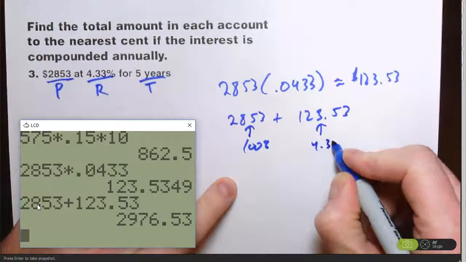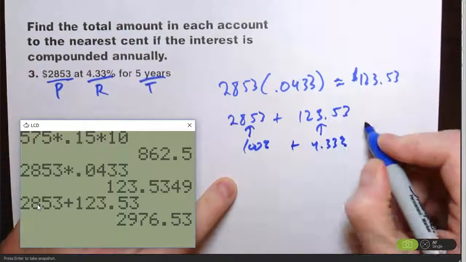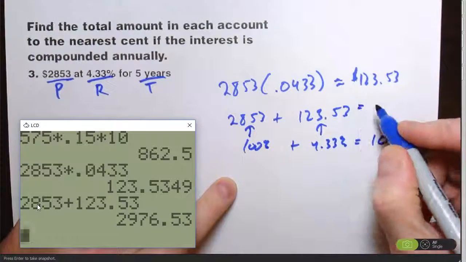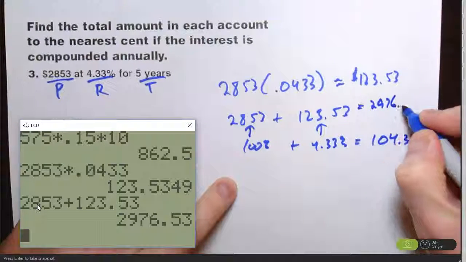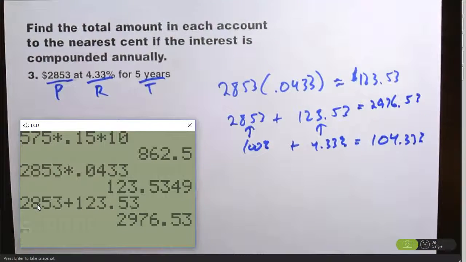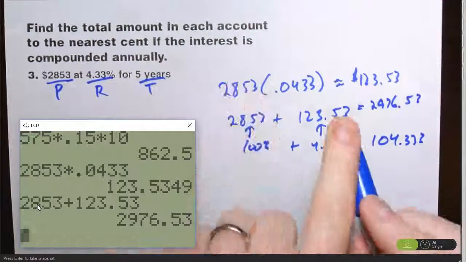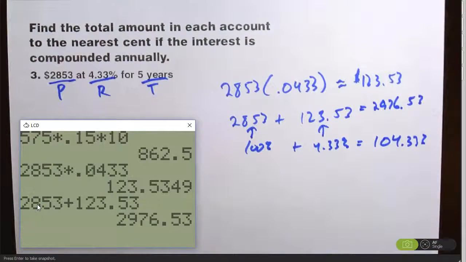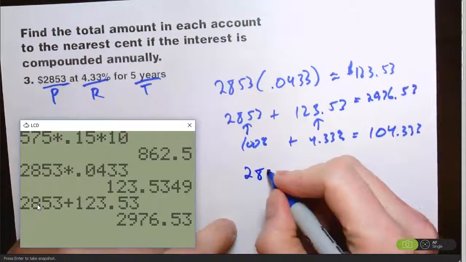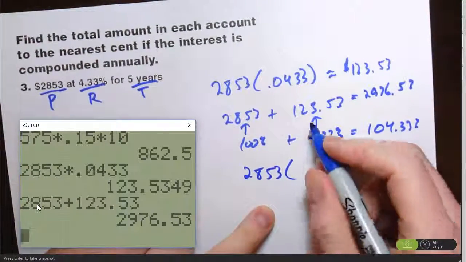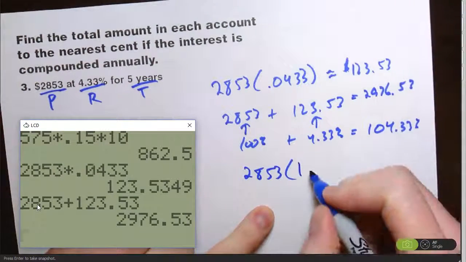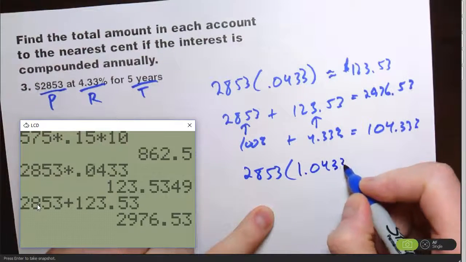This is 4.33%. So what I'm really doing is finding 104.33%, which is what that 2976.53 is. So instead of going to the trouble of finding that amount and adding it back on, what I like to do lazily is find 104.33%, which is 1.0433.